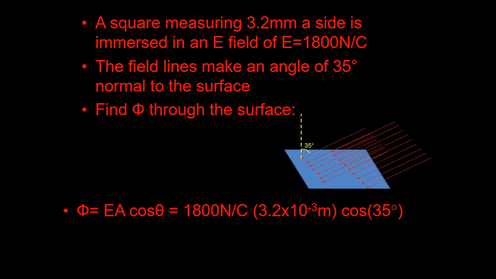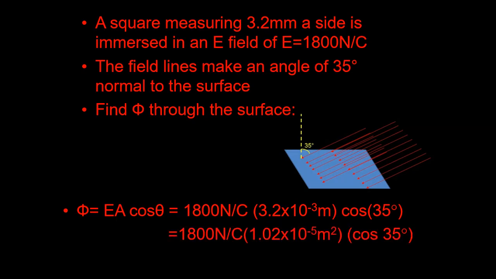Remember, our area is actually going to be 3.2 times 10 to the minus 3 squared, which will give us 1800 newtons per coulomb times 1.02 times 10 to the minus 5 square meters times cosine of 35, whatever the cosine of this angle is. That will give us 15.1 times 10 to the minus 3 Newton meters squared per coulomb.